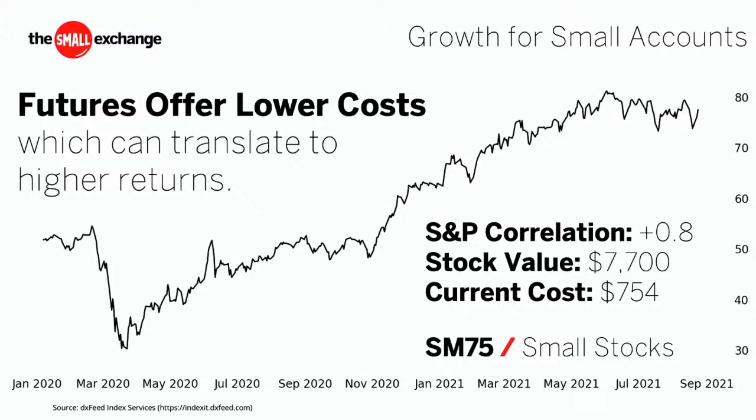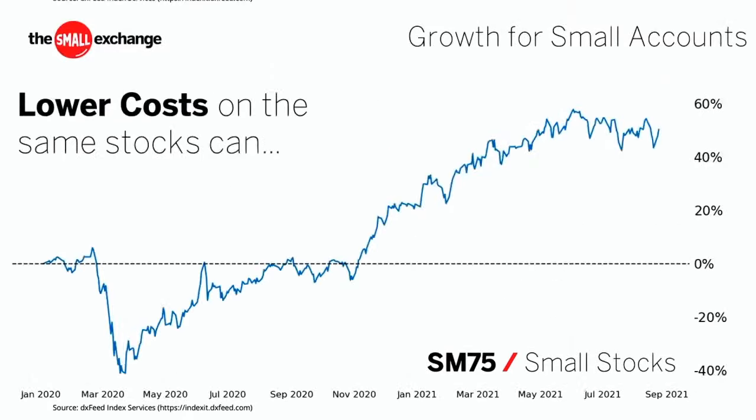Well, futures, given their efficiency, require that you put up less than 10% of that stock's value. That's the margin, $750, currently sitting between 9 and 10% of the product's value. Right there, you have already increased that potential return with just a lower cost.